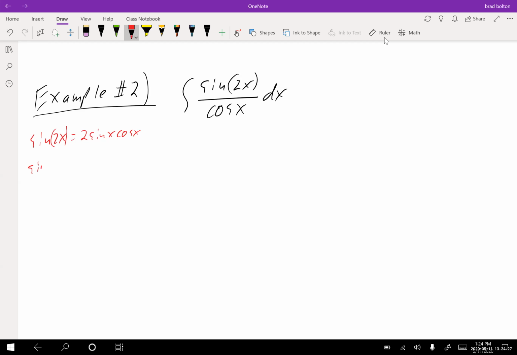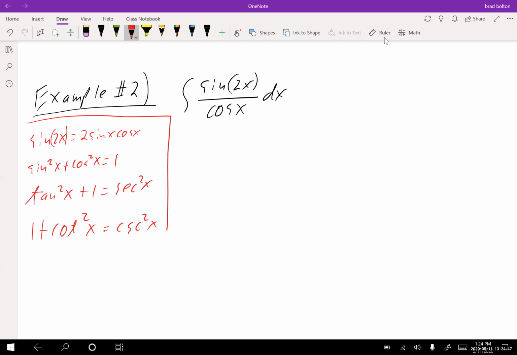You have that the sine squared of x plus the cosine squared of x is equal to 1, if you need it. You have tan squared x plus 1 is equal to secant squared x, once again, if you need it. And you have 1 plus cotangent squared x equals cosecant squared x. So these are all trig formulas that you have.